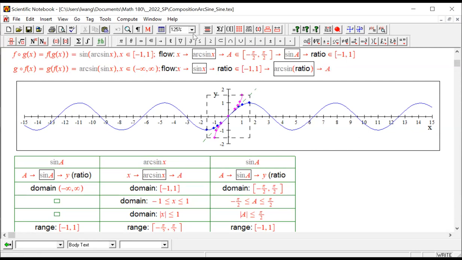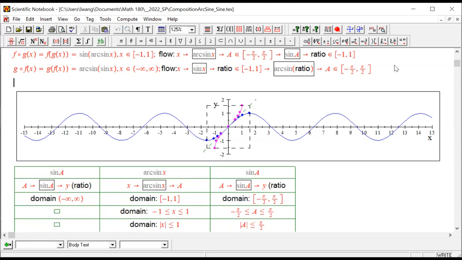This angle is going to be in the range of arc sine. So that's the flow. Then some of you may say, hey, doesn't that equal x? Well, no, because sine and arc sine are not inverse to each other.